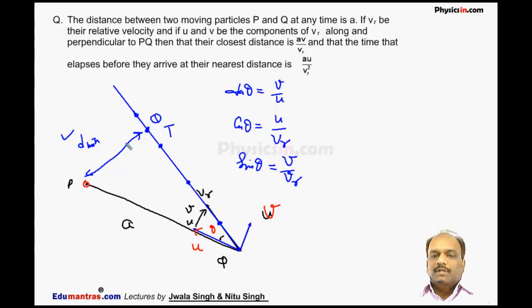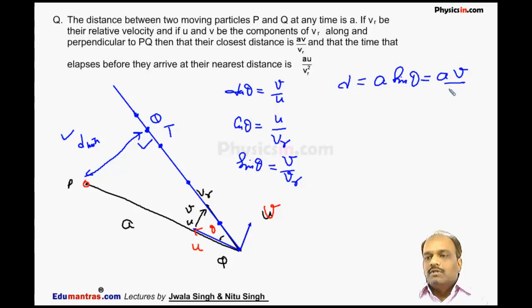Now the minimum separation, if you see this triangle, this is a right angle triangle, the minimum separation is D, and D is equal to A sin theta. We know the value of sin theta from this figure, so it is A V by Vr. This is the minimum separation between this particle P and Q.